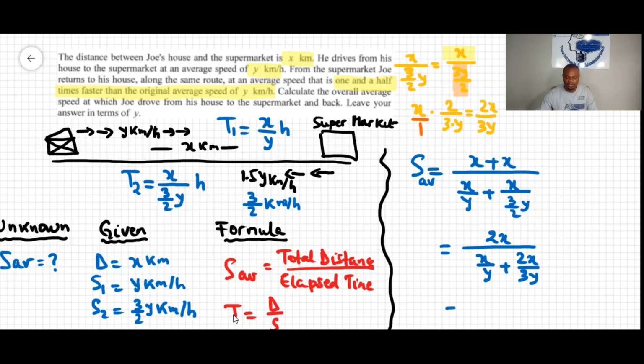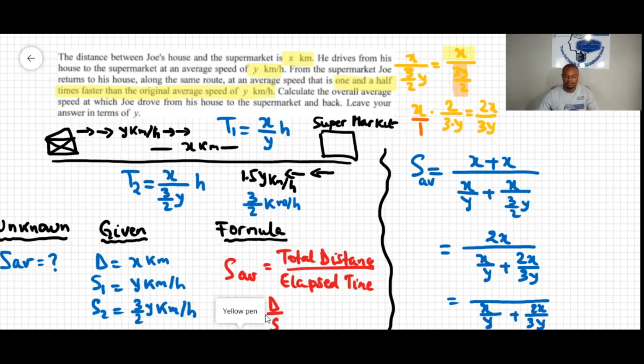Now we can work out a common denominator over here. We have y here plus 3y there, and then that x and that 2x. To work this out, I need to find the common denominator of this fraction.